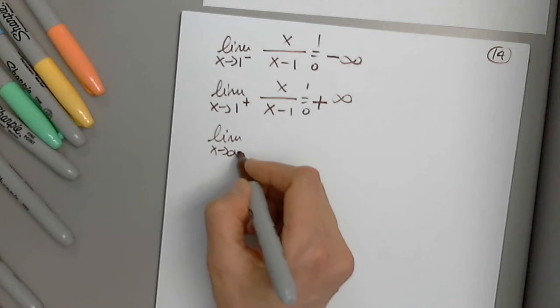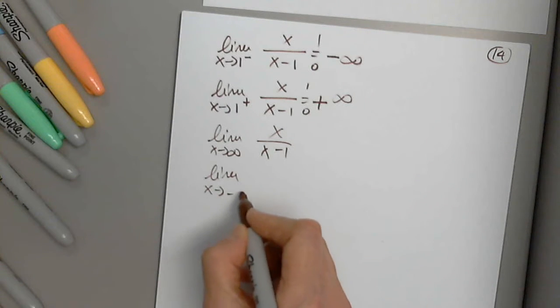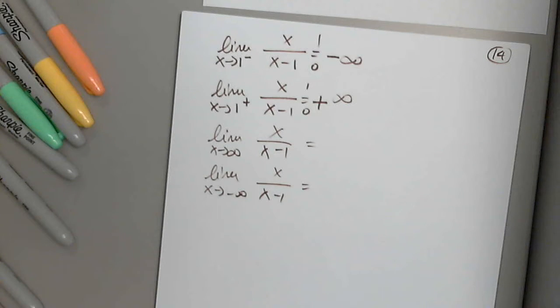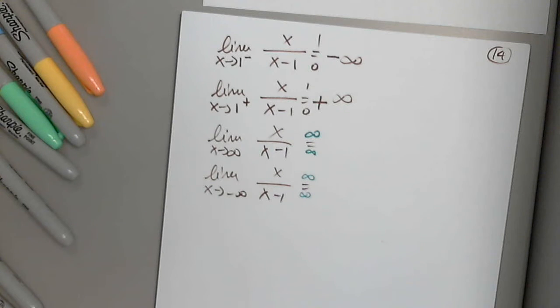Limit, x approaches infinity, x over x minus 1, and limit x approaches negative infinity, x over x minus 1. You can say it's infinity over infinity, and now I know L'Hopital's rule. Good, that's fine.